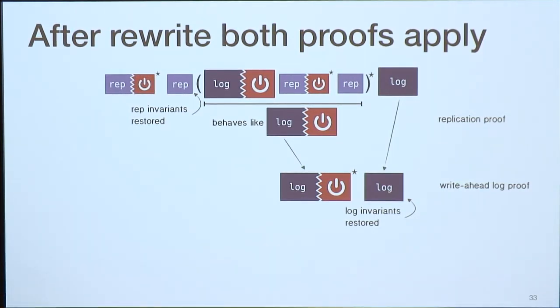Before, I said that code impl followed by crashes during recovery refines the high-level code at the upper layer. So what the refinement is establishing is that the log recovery procedure at the replication layer behaves like the log recovery procedure at the disk layer.